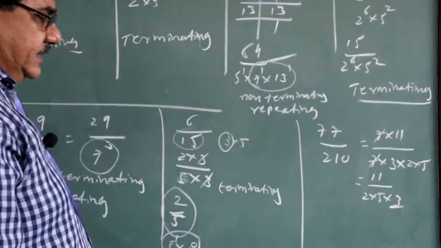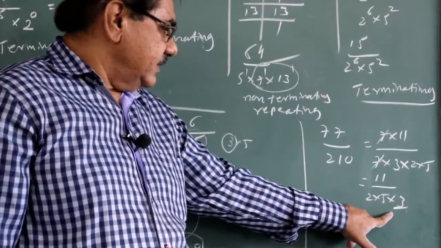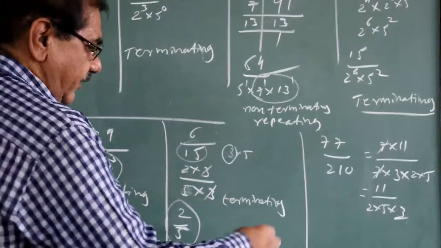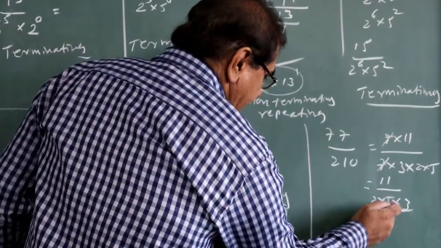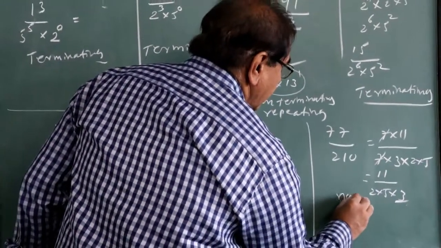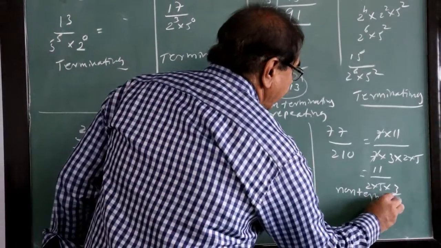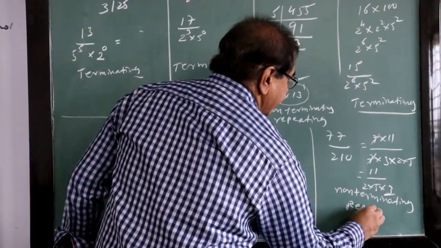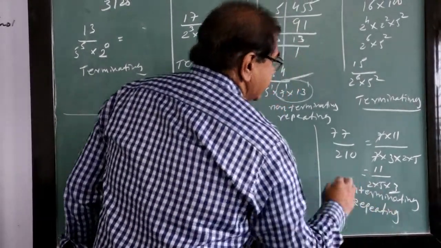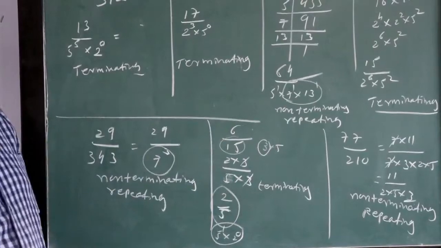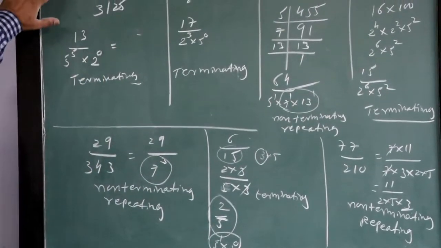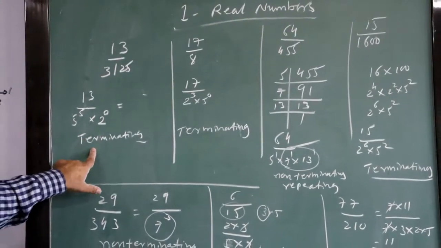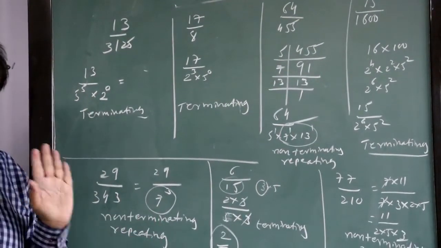Again 3 is a prime factor, meaning the prime factorization of q is not in the form of only 2 raised to n into 5 raised to m. So this is non-terminating and it is repeating. So simply by looking at the fraction, you can very easily judge whether the decimal expansion will be terminating or non-terminating, repeating.